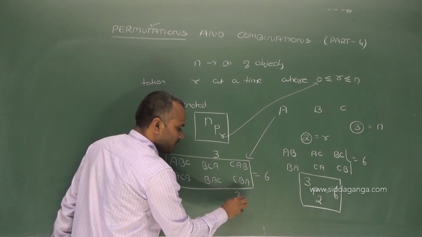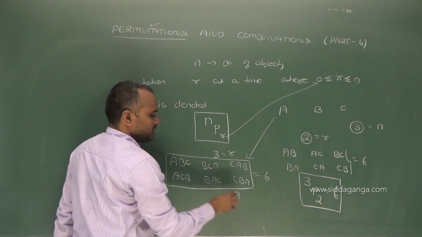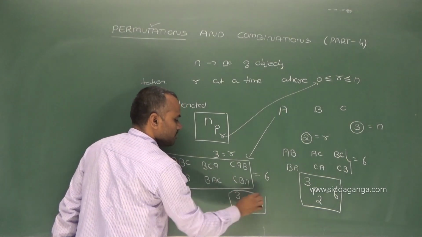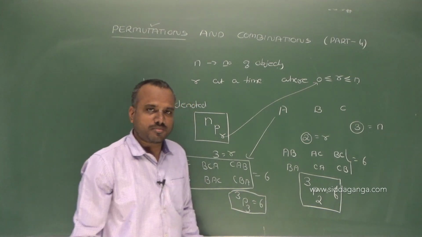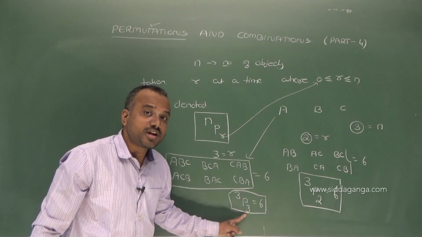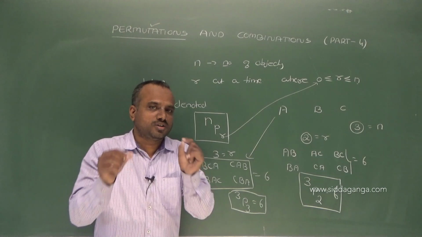This can be denoted by 3 number of objects, here r is 3, so 3P3. 3P3 is 6. Understand? 3 number of objects taken 3 at a time, so 3P3 is equal to 6.